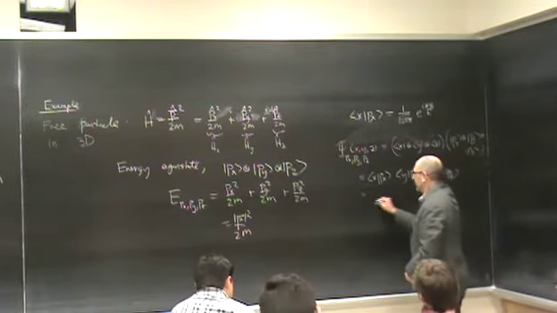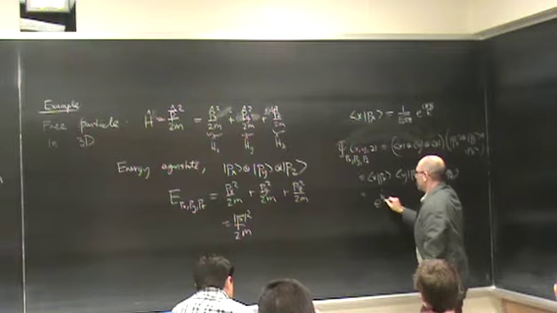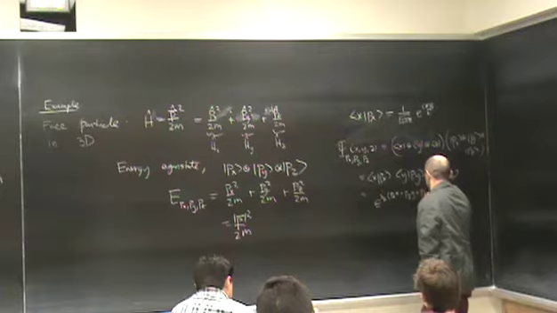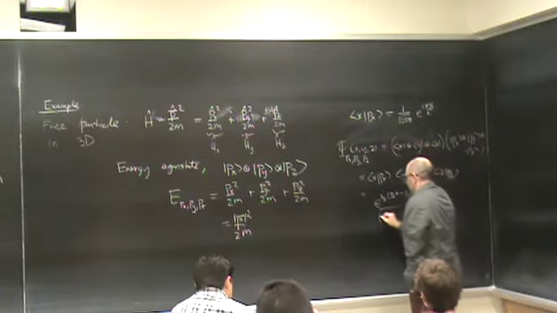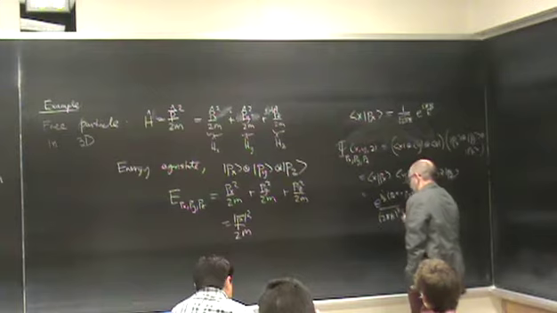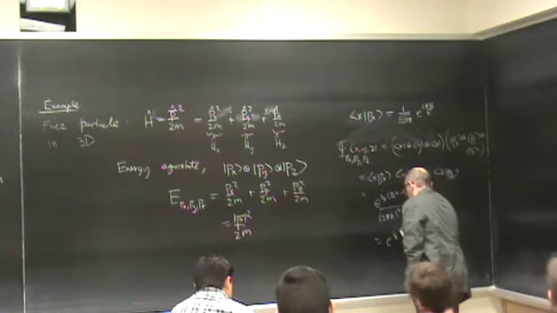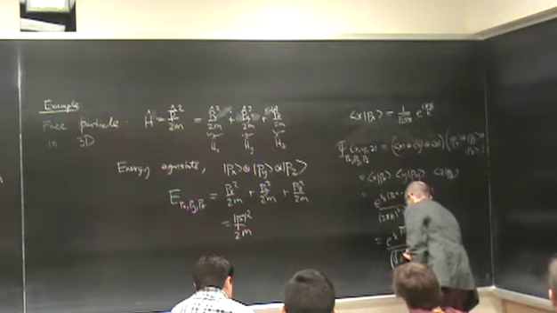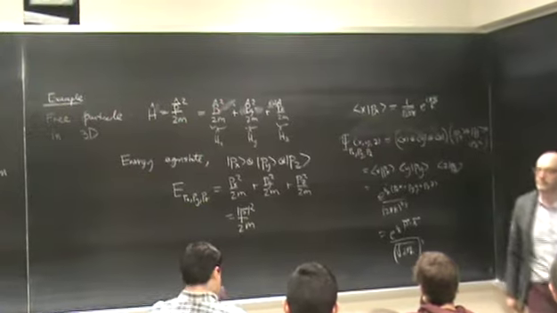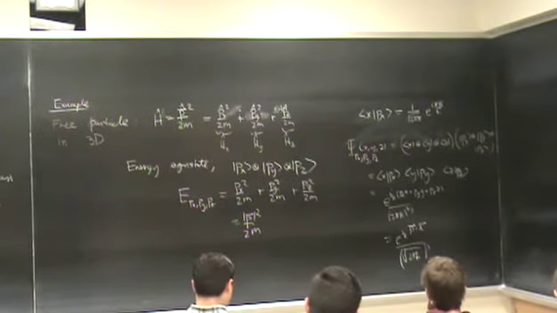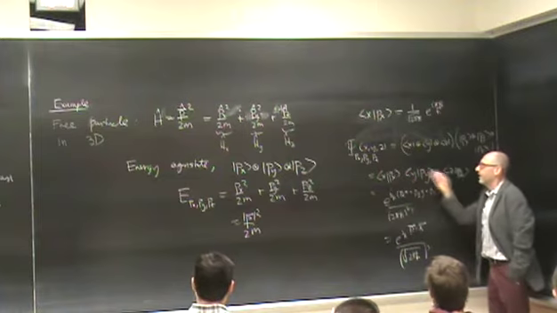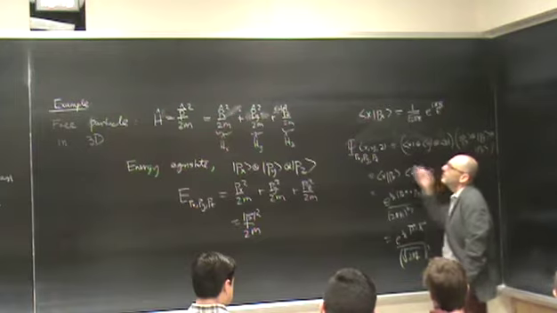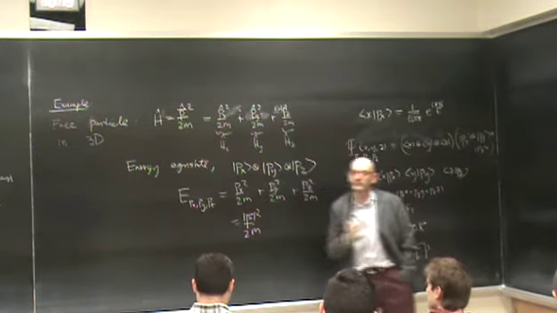And this is e to the i over h bar (pxx plus pyy plus pzz) over 2 pi h bar to the 3/2, or e to the i over h bar p dot x. So the wave function is a product state, one for each degree of freedom, because the Hamiltonian is separable.